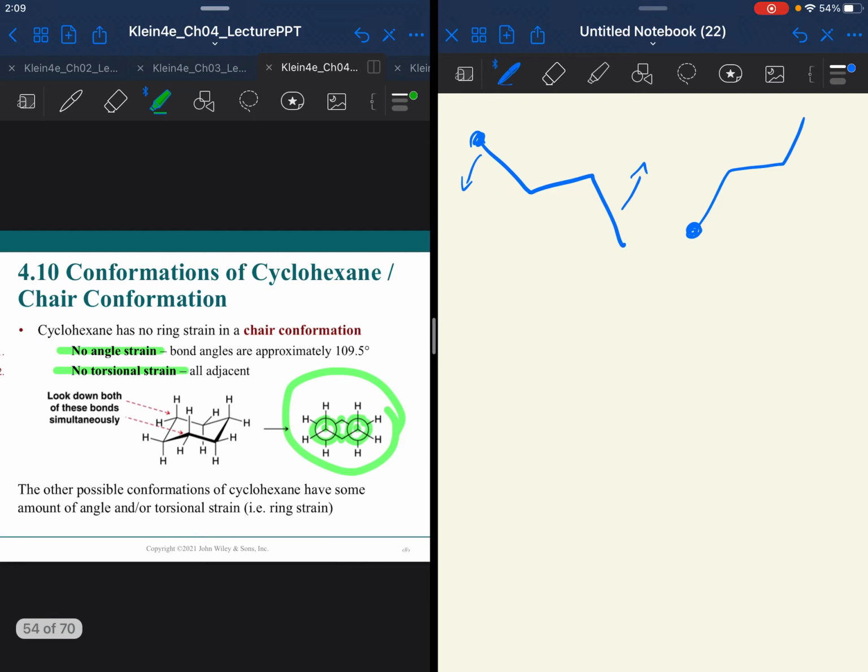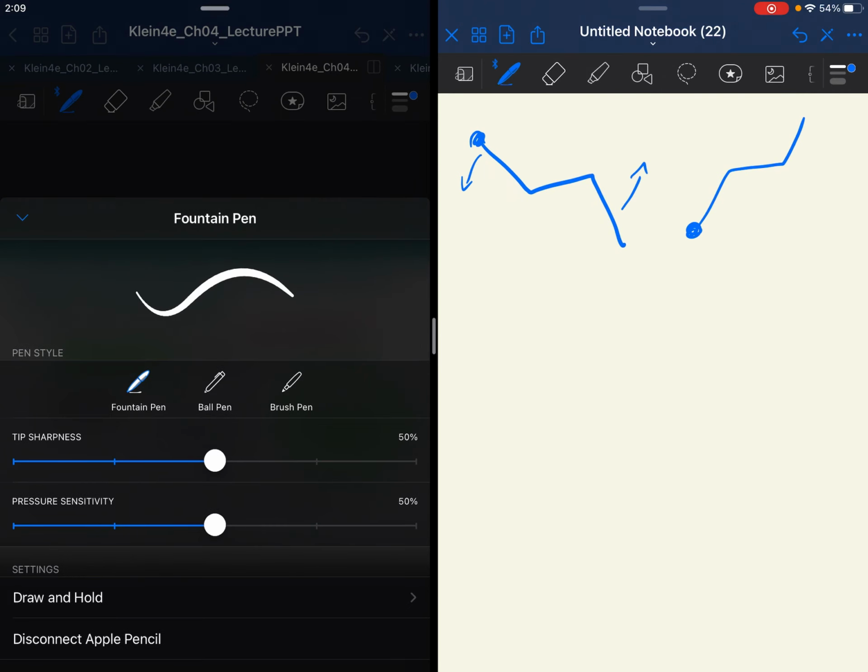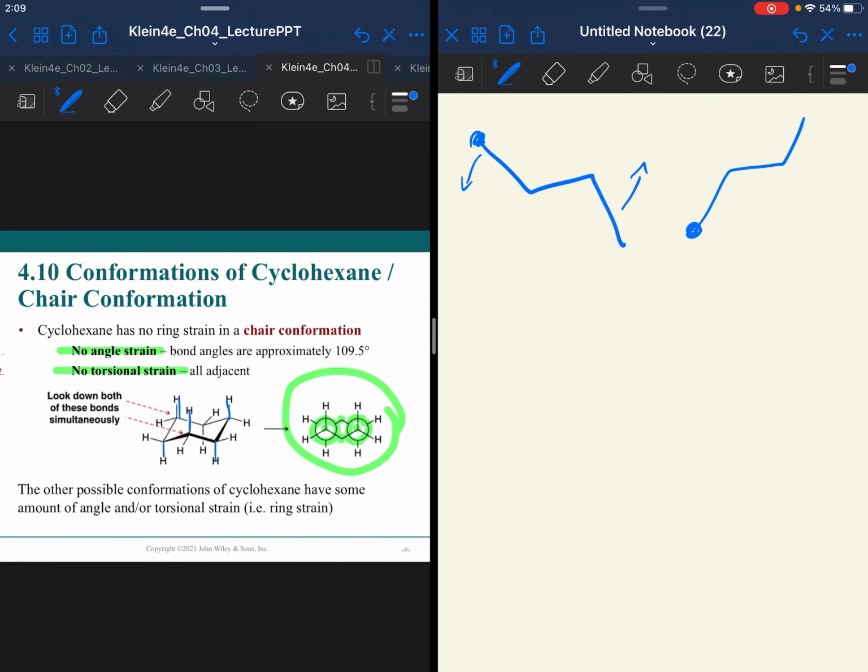We are going to be interested in a couple of things here, right? Notice how some bonds go straight up and straight down. And other bonds, here we go, sorry, go at an angle down and then up and then down and then up, down and up. That's going to be important.